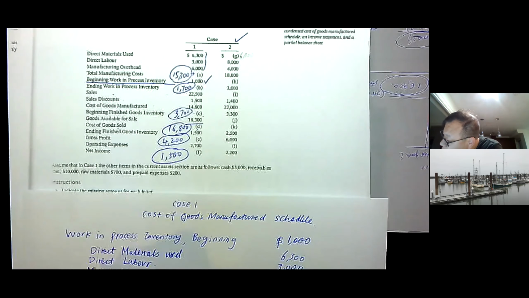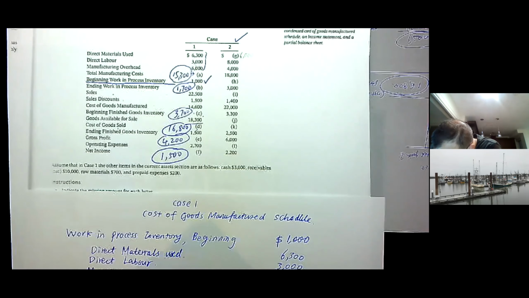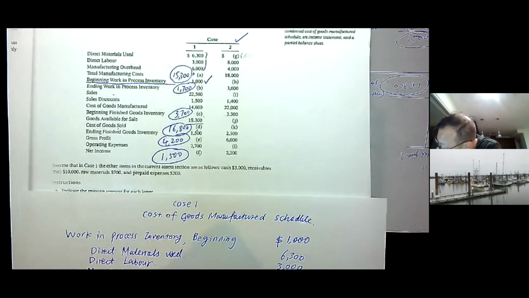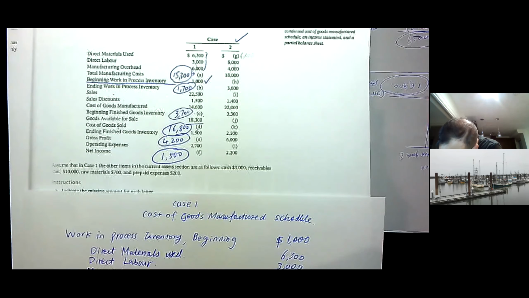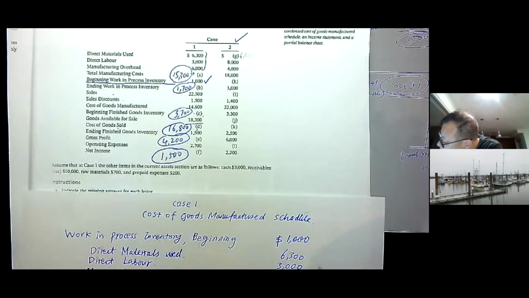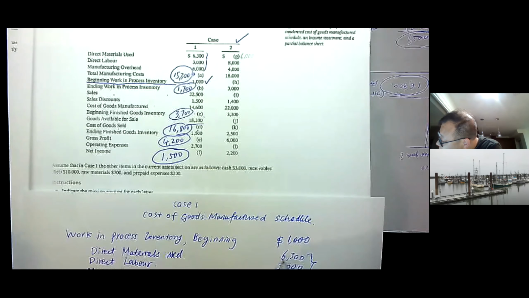So these three, I'm going to calculate total manufacturing costs. We know this number. So that's going to be these three, so 15,300.